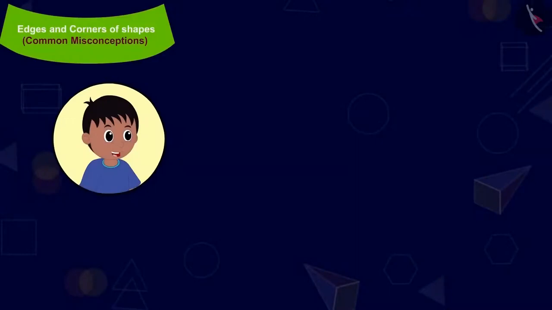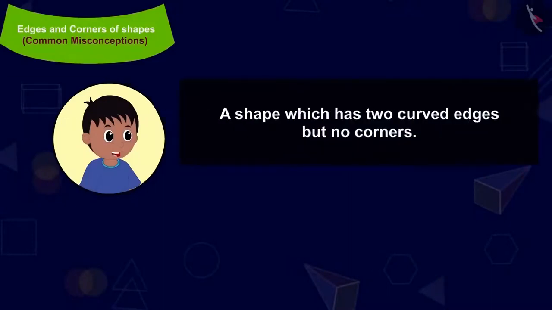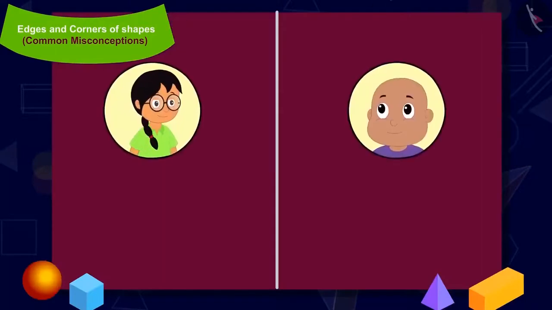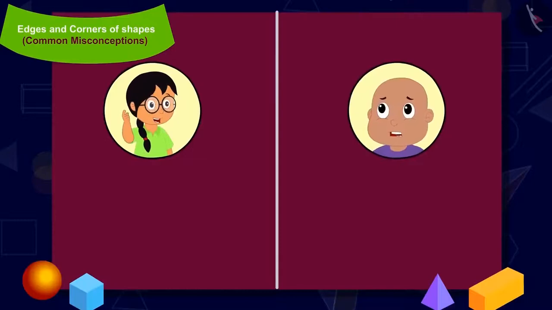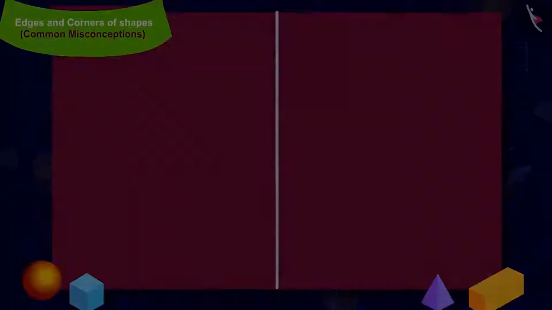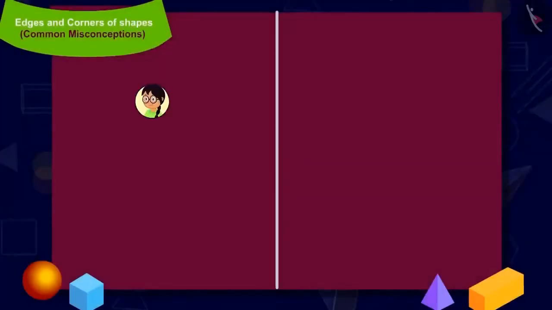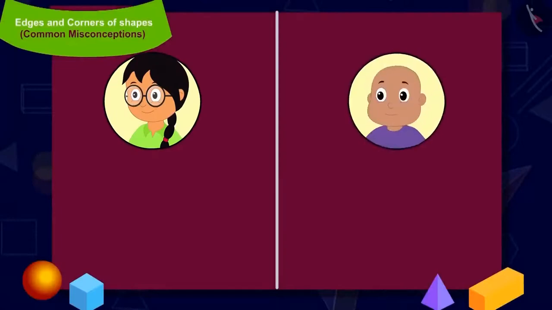Raju's next question is such a shape which has 2 curved edges but no corners. Minu and Bablu start thinking. Children, can you make such a shape? Come, let us see which shapes have Minu and Bablu made.